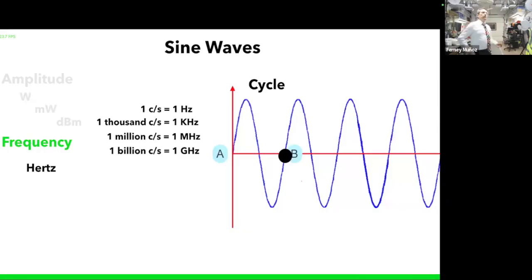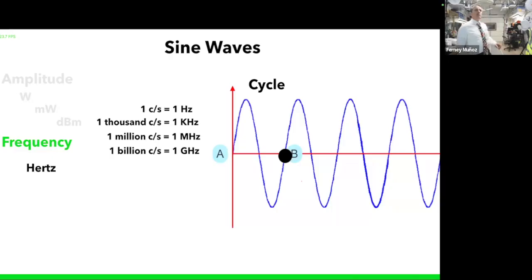If the frequency of these waves is one cycle in 1 second, we call that 1 Hertz. In memory of Heinrich Hertz, who worked on Maxwell's theory, he said, if these waves are sent with a frequency of 1 cycle per second, that's called 1 Hertz.